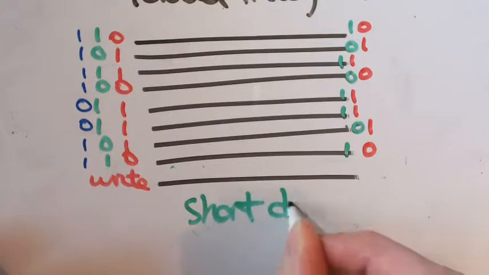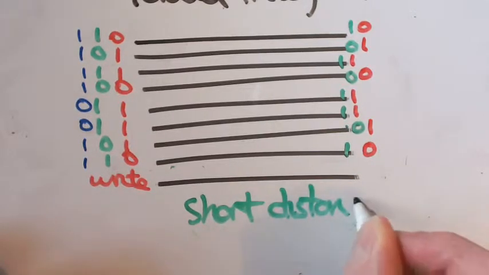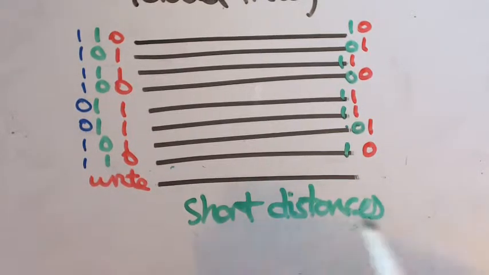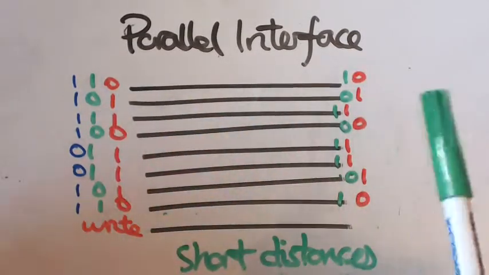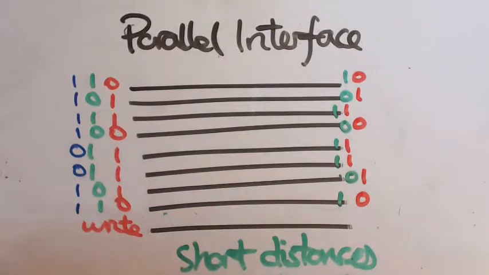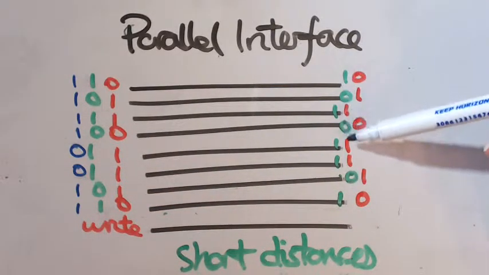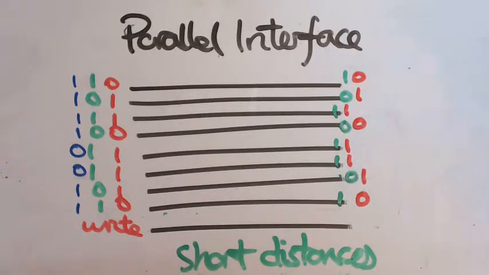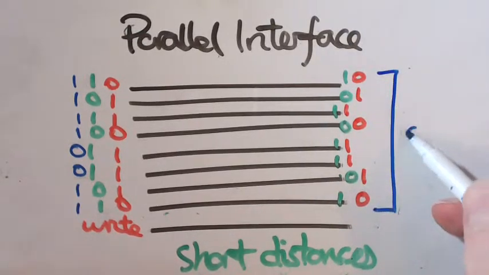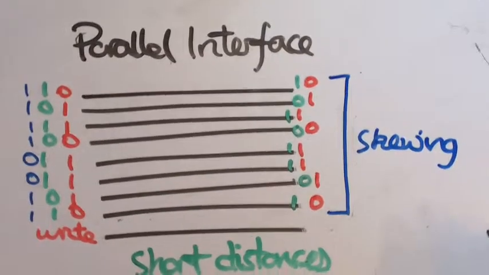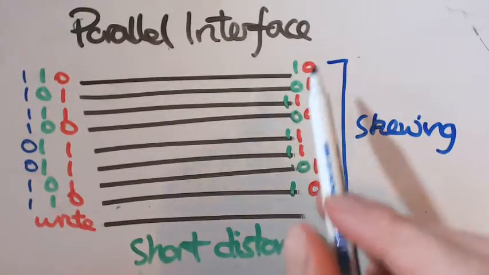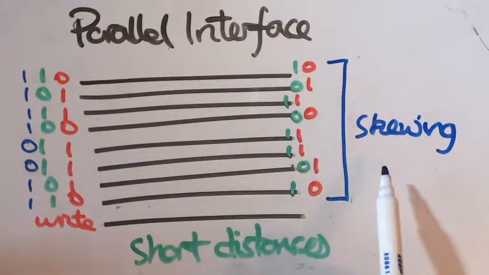So this is why, when I showed you the wee cable inside the computer, the ribbon cable, this is why you'd use it, because over long distances each digit doesn't come out at the same time, and that can confuse the system because again it doesn't know if all these digits actually belong to the same byte or not, and this is called skewing. That should be a K, right? So if they all come out not quite at the same time, that's called skewing.